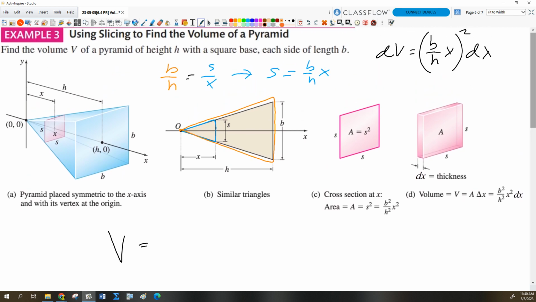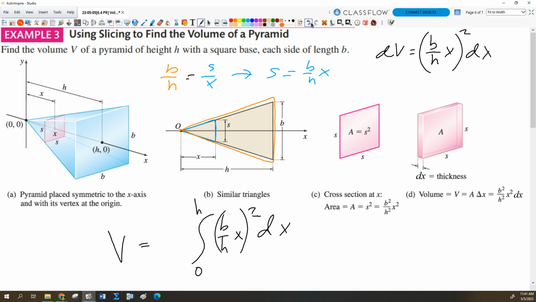The total volume is just going to be the integral of b over h times x, squared, dx from where to where? Well, we're going to slice this thing from x equals 0 up to x equals what? h.